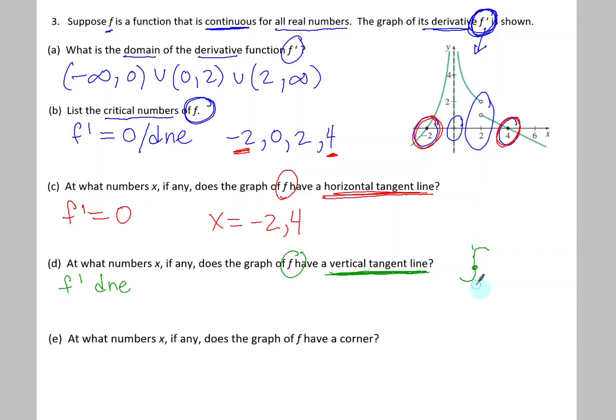So at a vertical tangent line, it's not just that the derivative doesn't exist, but that f prime, the derivative, is unbounded. Or we can think of it as the slopes of f are increasing or decreasing without bound.